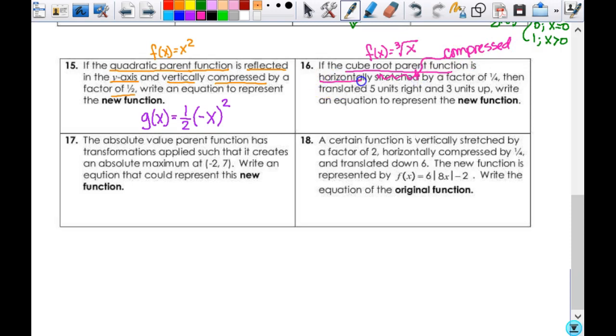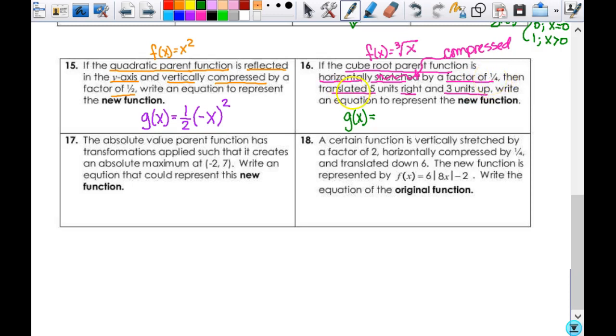Horizontally compressed by a factor of 1/4, then translated 5 units right and 3 units up, write an equation to represent the new function. All right, so g of x could equal, so we're horizontally compressing it, which means it's inside with the x. So we multiply by 4, since it's compressed by a factor of 1/4, we're going to multiply by 4.